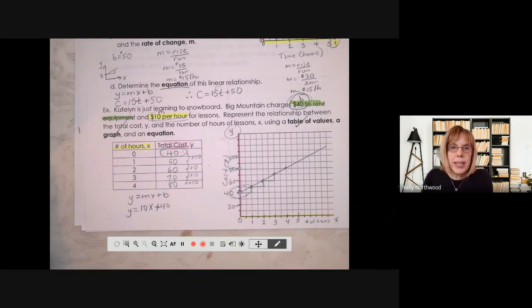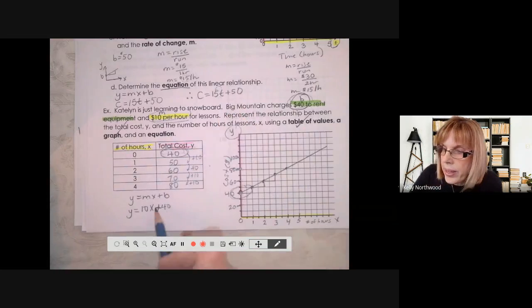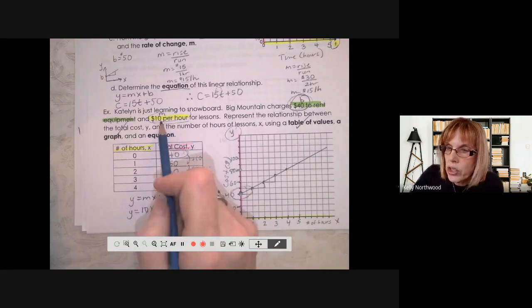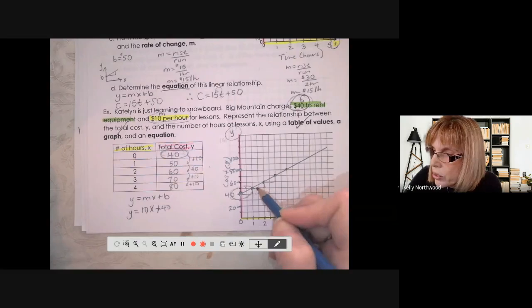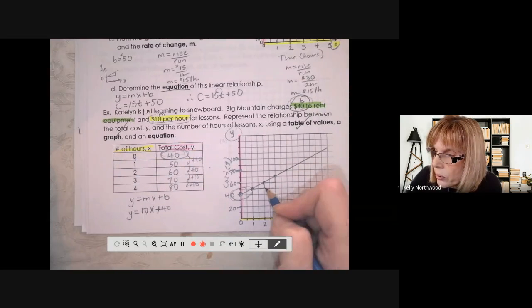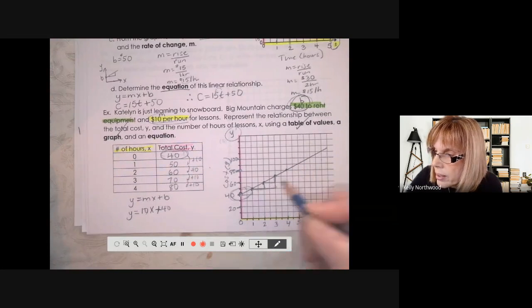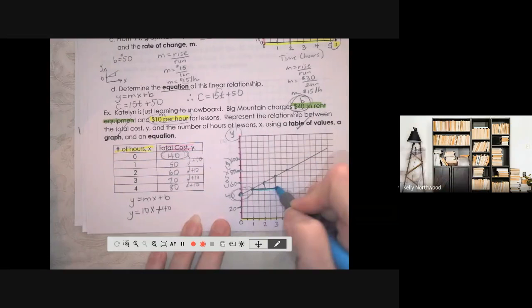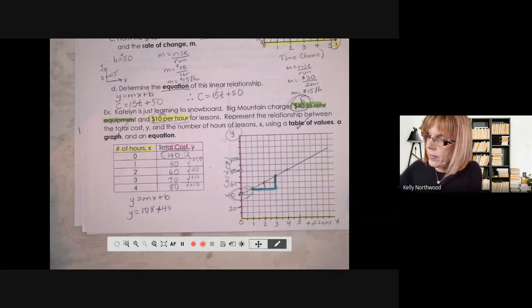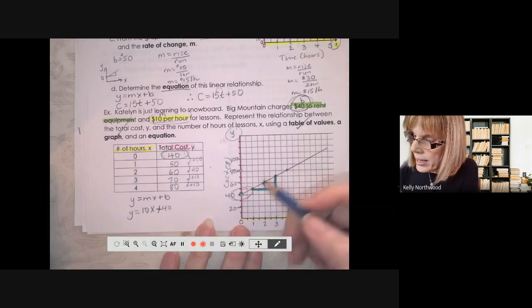And then again, if you didn't see the rate of change in the question, if that didn't jump out to you as the rate of change, you could make a rate triangle and use rise over run. So if I made this my rate triangle, because I like using corners, not halfways. I'm counting by tens here.